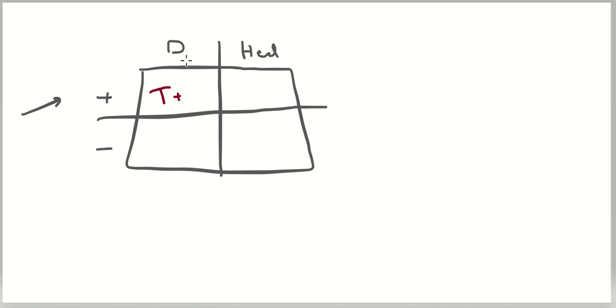If someone has the disease and they test negative, then these are the false negative. If someone is healthy and they test positive, then this is the false positive. And if someone is healthy and they test negative, then these are the true negative.